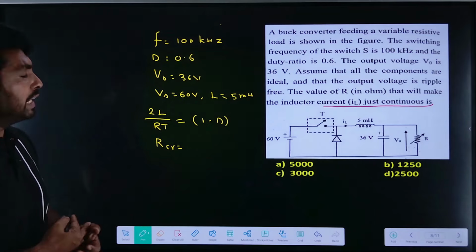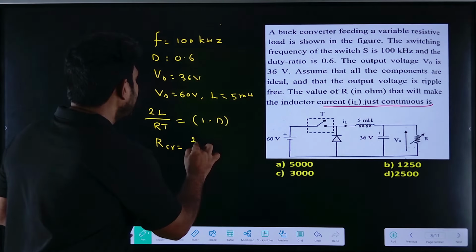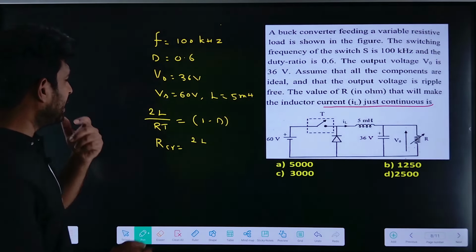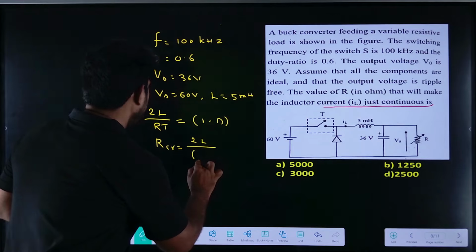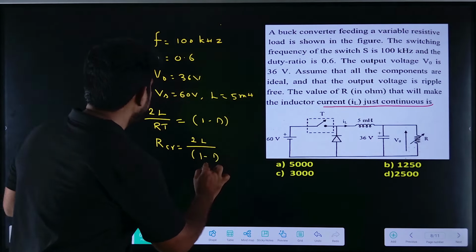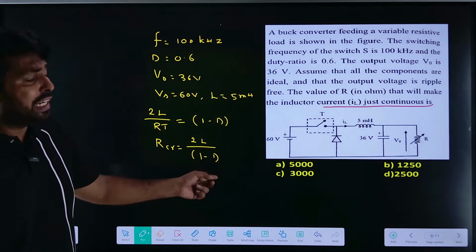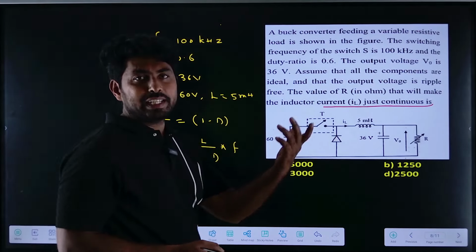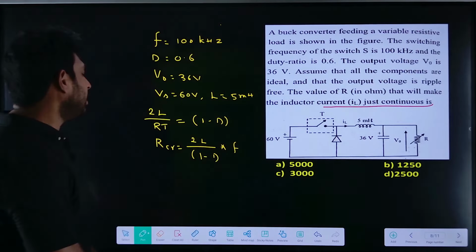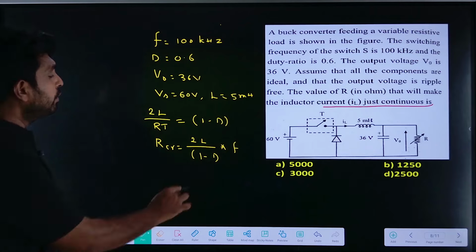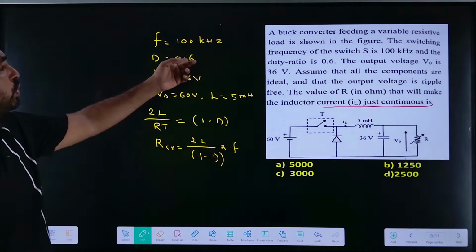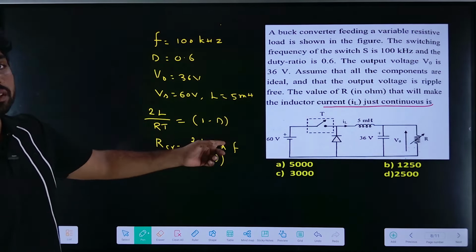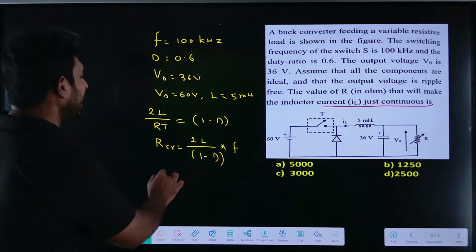R critical equals 2L divided by 1 minus D, divided by T. 1 by T we can replace with F, since frequency equals 1 by time period. The duty cycle is already given, and the L and F values are there, so you can find the R critical.